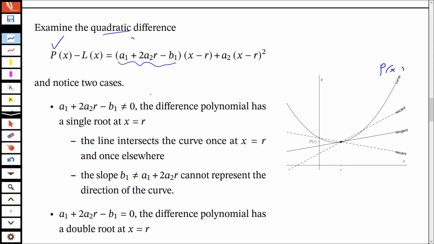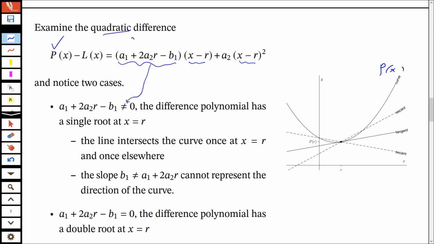So let's take some cases. In one case, this coefficient will be non-zero. So when this is non-zero, if you look at this difference, you have X minus R as one factor and X minus R as another factor.